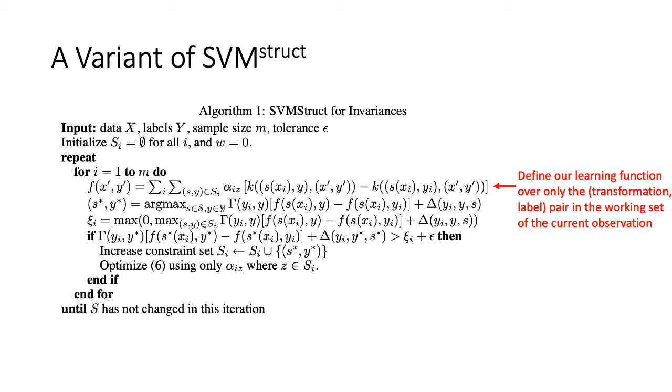And then basically you only use those terms to define your difference of kernels. So you are only using the alphas that are relevant for your current training example, the support vectors.